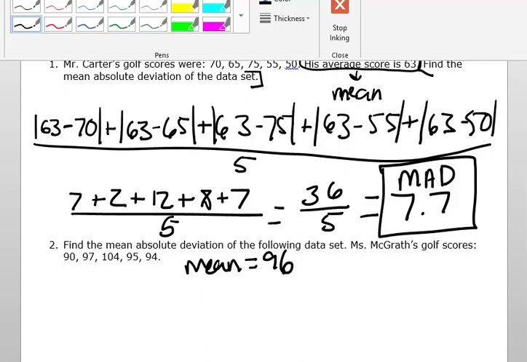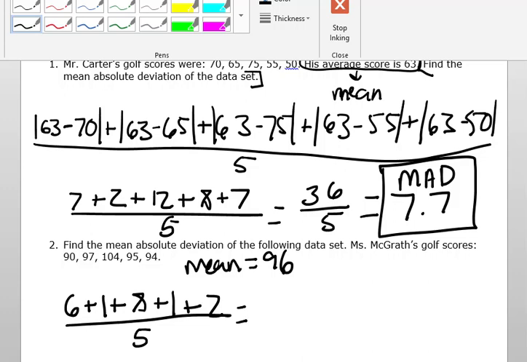I'm not going to write this whole absolute value thing out again for you. So I'll tell you the difference between 90 and 96 is 6. Difference between 96 and 97 is 1. Between 96 and 104 is 8. Between 96 and 95 is 1. Between 96 and 94 is 2. All right. I'll add them all together, divide by 5. So I have 6 plus 1 plus 8 plus 1 plus 2, which is 18.